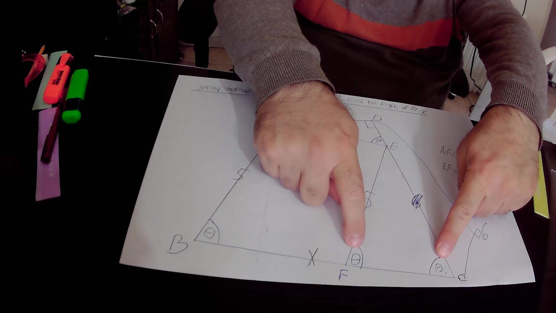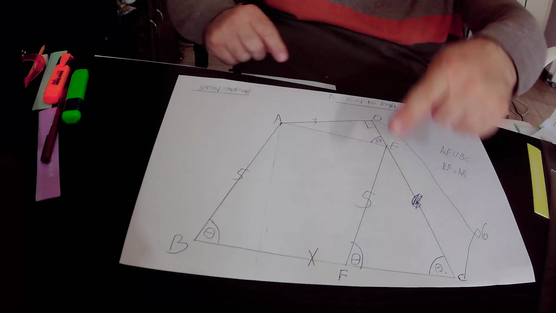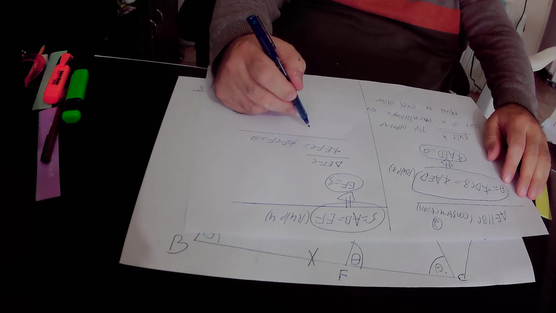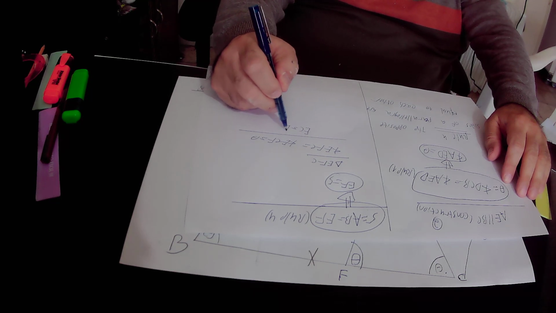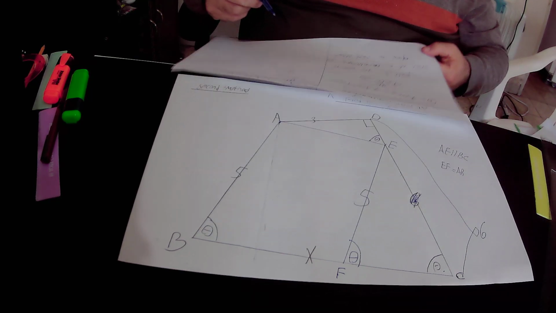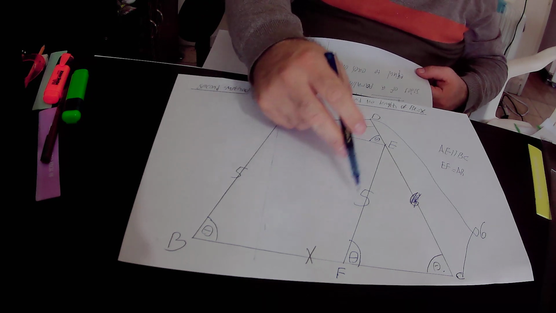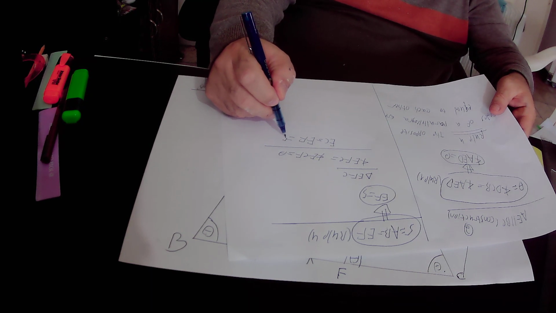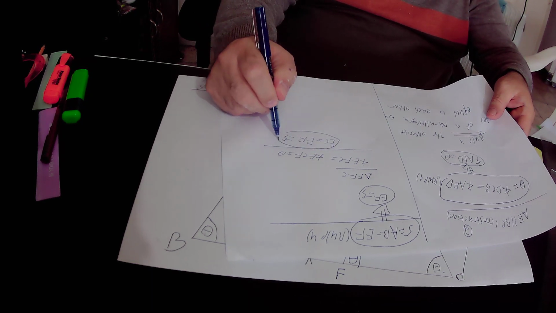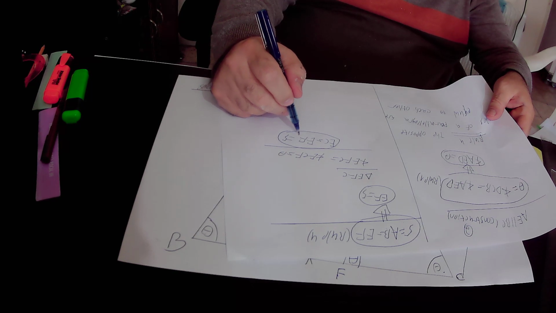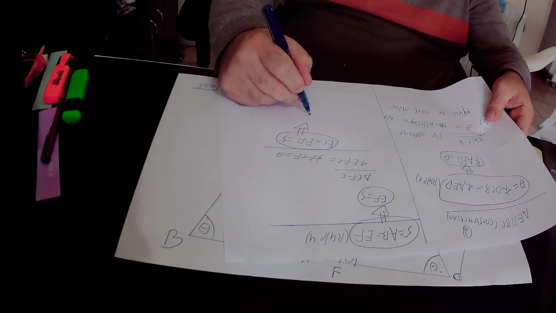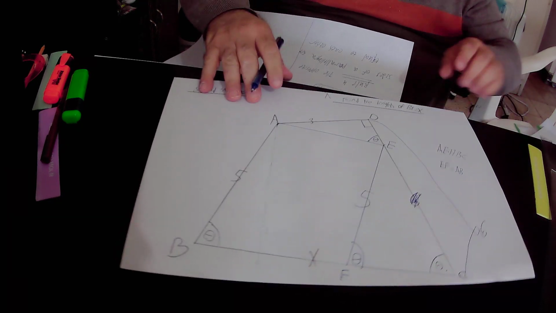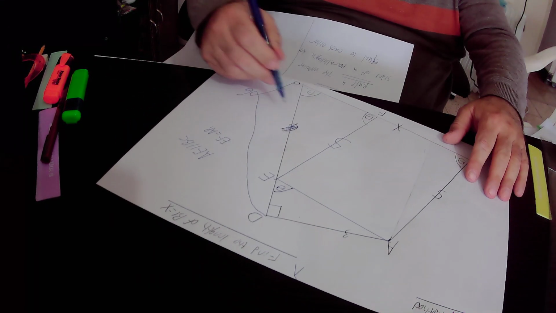Those two angles are equal to each other, therefore EC must be equal to EF. But EF equals 5 units. So from this equation, EC equals EF equals 5, we will derive that EC is also equal to 5. So we can write down here that EC equals 5.